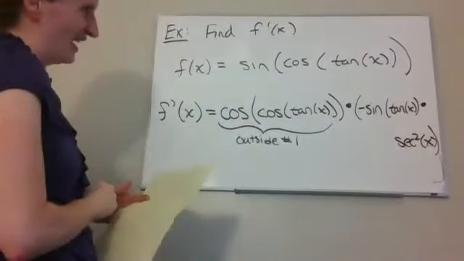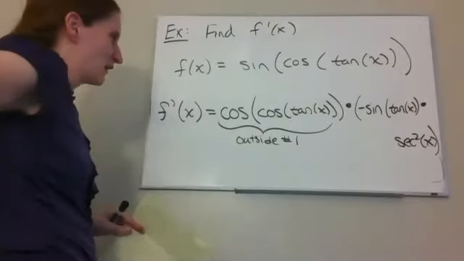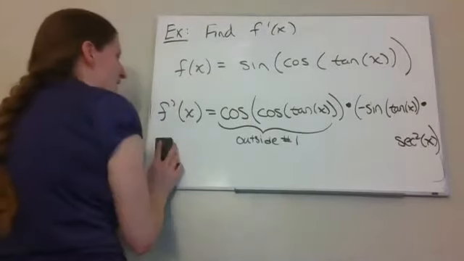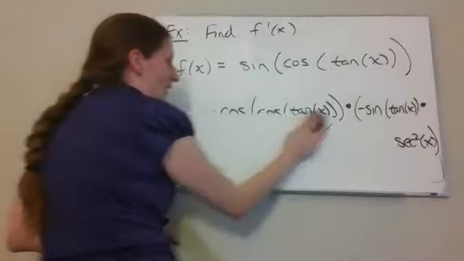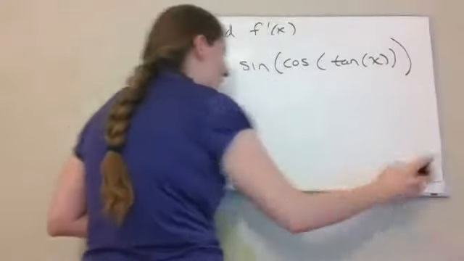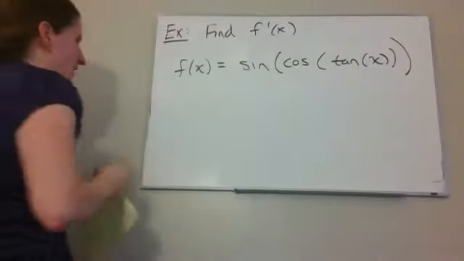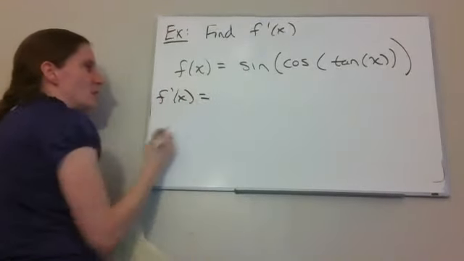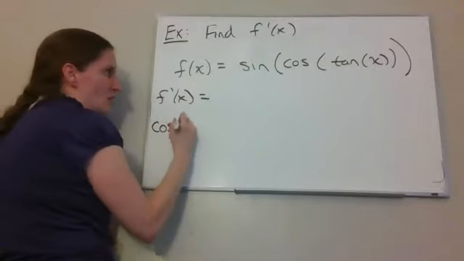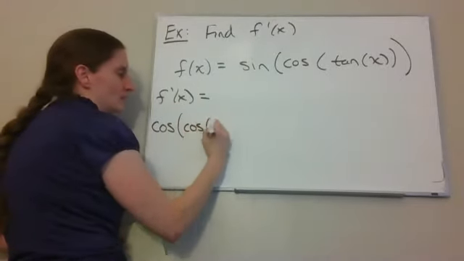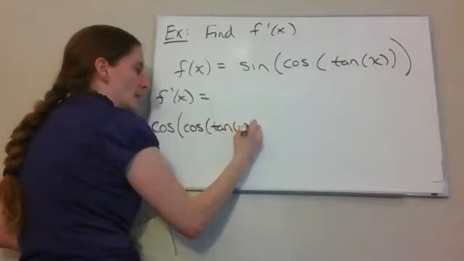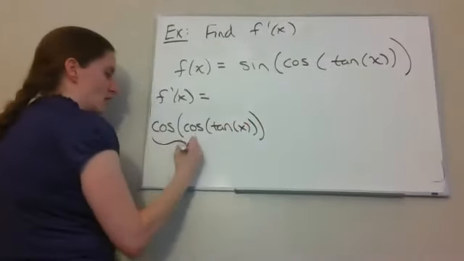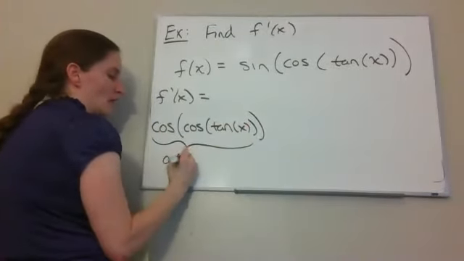Now, that's kind of hard to read like that, so let me rewrite this so I can write it all on one line for you, make it a little easier to look at. So my derivative, we said, was cosine of all of that stuff. That was the derivative of the most outside function.